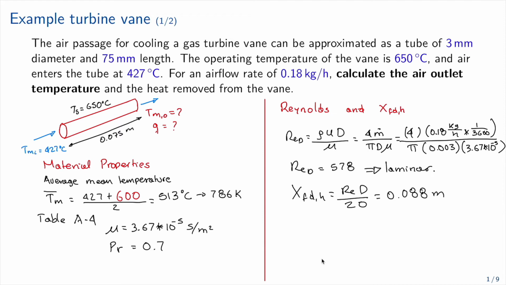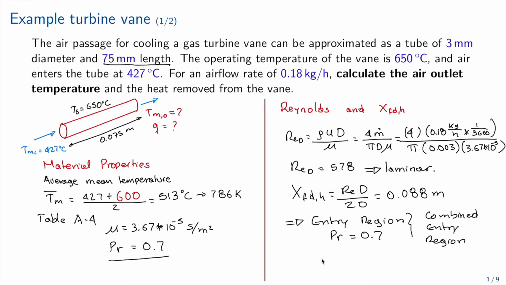So if we compare with the 75 millimeters length, we notice that the flow is in the entry region. Also, we know that Prandtl is equal to 0.7. So with these two, we get to the conclusion that we have a combined entry region.